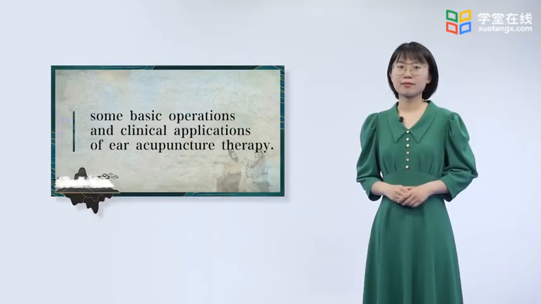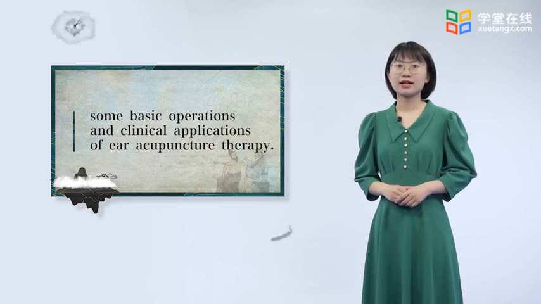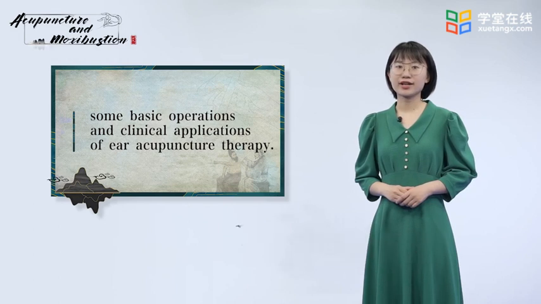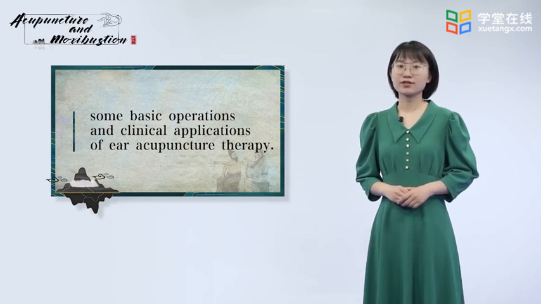After mastering some common auricular points, let's talk about some basic operations and clinical applications of ear acupuncture therapy. First, determine the prescription and appropriate auricular points according to the diagnosis. We could choose some auricular points to treat disease.